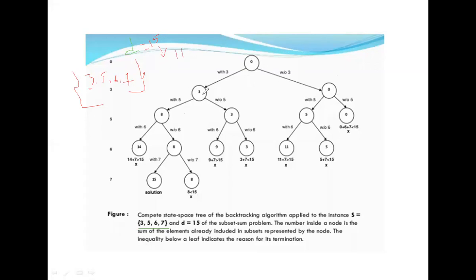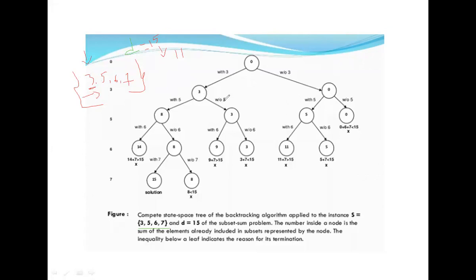11. Then after 3, next we add the next element, starting from left to right. After that we can add 5. So 5 plus 3 is 8 with including 5.